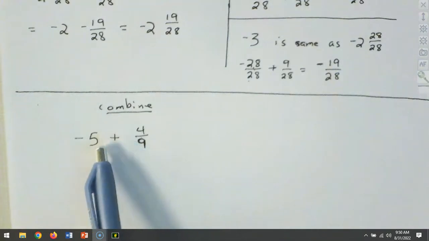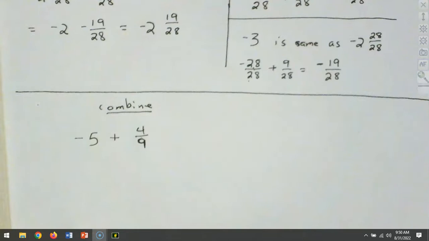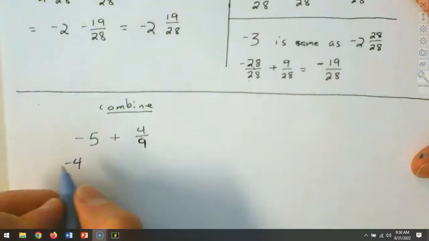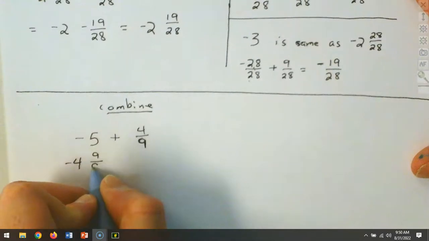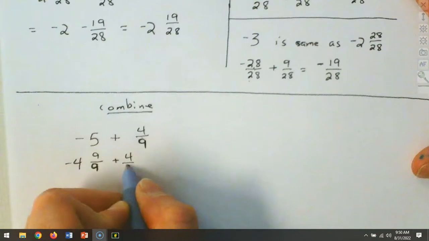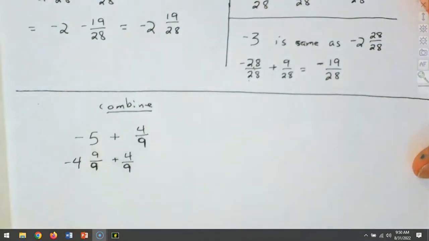So we need to put this number and this number together. How are we going to do that? We're going to have to borrow from the whole number. So how do we borrow from that negative 5? Well, I can borrow from it, and that's going to make that minus 4 and 9 over 9. Because 9 over 9 is what? 1.